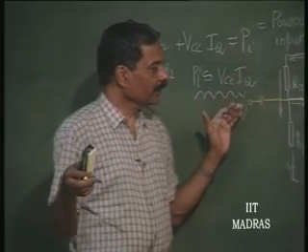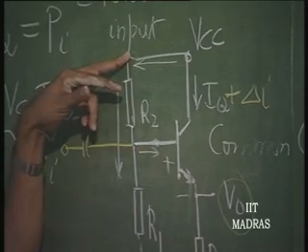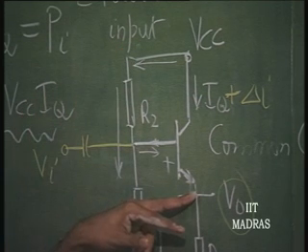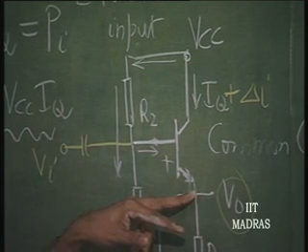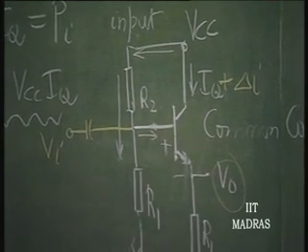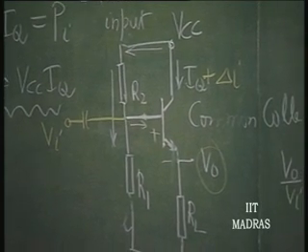So, this base voltage can go up to VCC. If the base voltage goes up to VCC, this voltage can go up to VCC minus V gamma, okay. And therefore, the highest value of V naught can be VCC minus V gamma.